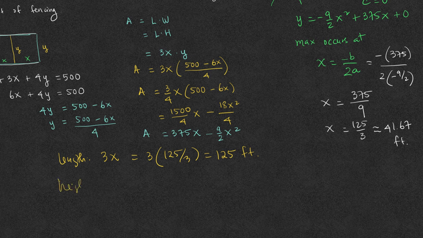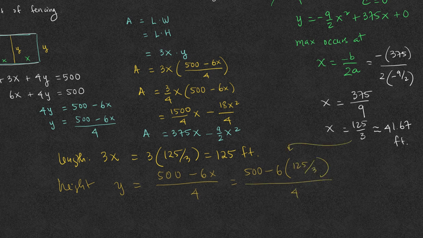The height is y equals (500 minus 6x) over 4. This is 500 minus 6 times x, remember that x is 125 over 3, divided by 4, and so we get 62.5. The dimension of this rectangle that guarantees the largest area is 125 feet by 62.5 feet.